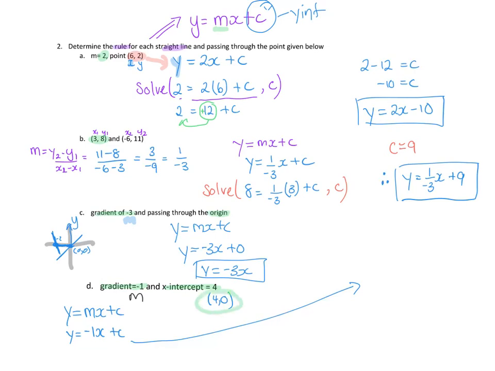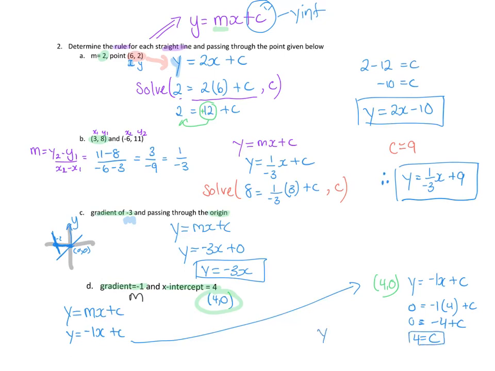So I'm going to use 4, 0 in my y equals negative x plus c. Every time I see a y, I'll put a 0, and every time I see an x, I'll put a 4. So that would be 0 equals, what's negative 1 times 4? Negative 4 plus c. You bring that 4 to the other side to become a positive 4, so you know c is 4 now.